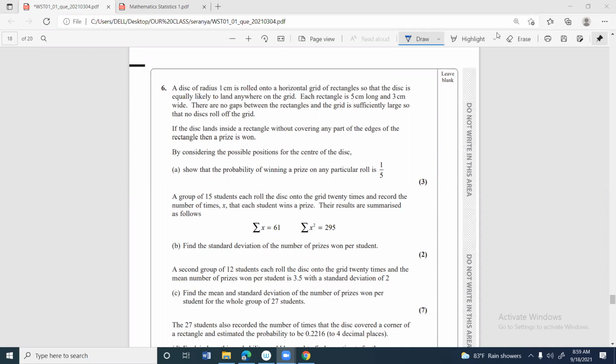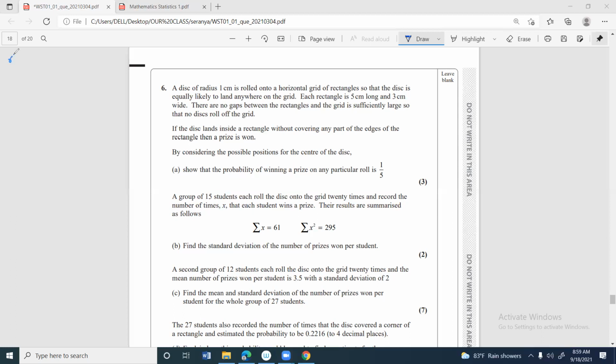Look at it. A disk of radius 1 centimeter is rolled onto the horizontal grid of rectangles so that the disk is equally likely to land anywhere on the grid. Each rectangle is 5 centimeters long and 3 centimeters wide.